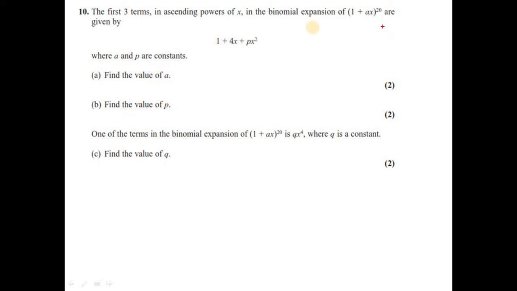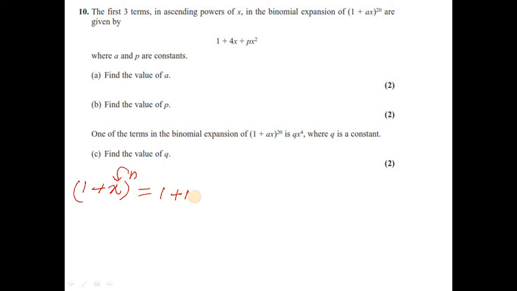It is a binomial expansion. You know that if you have the expansion (1 + x)^n, it's a general expansion. How do we expand these kinds of binomials? We start with the first term, which is 1. So 1 plus n multiplied with the x.